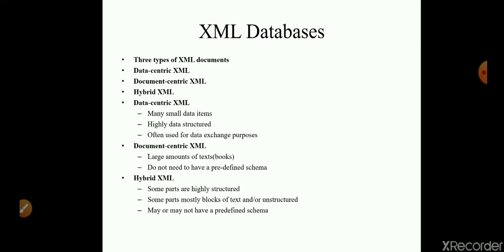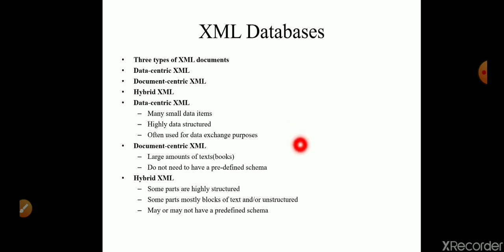There are 3 types of XML documents: data centric XML, document centric XML, and hybrid XML. In data centric XML, there are many small data items and the data is highly structured. That is, all the data in data centric XML documents will be in the correct format, so it will be easy to retrieve.